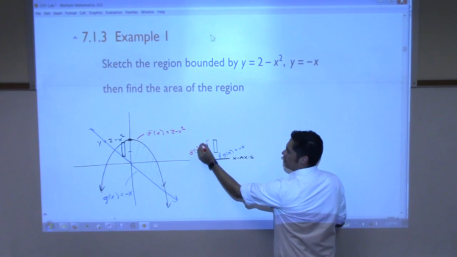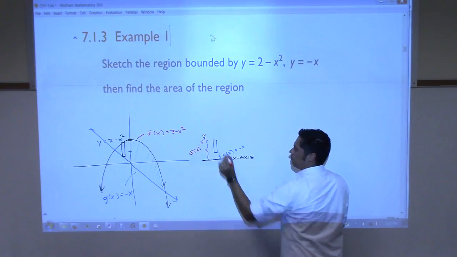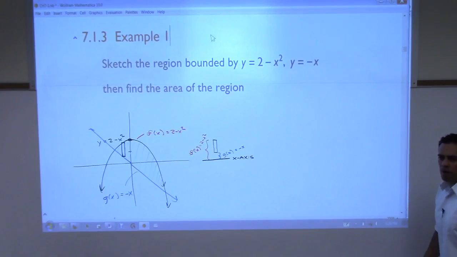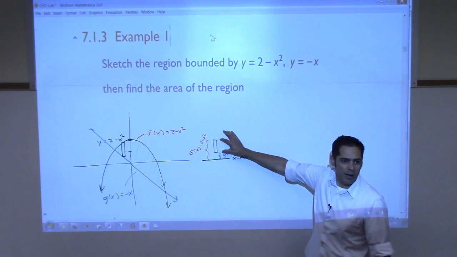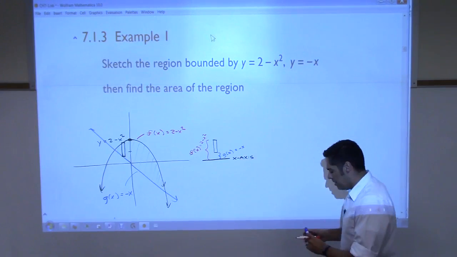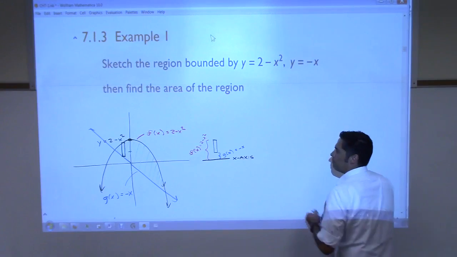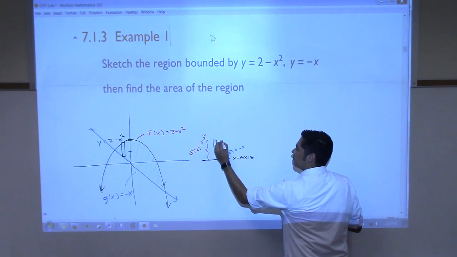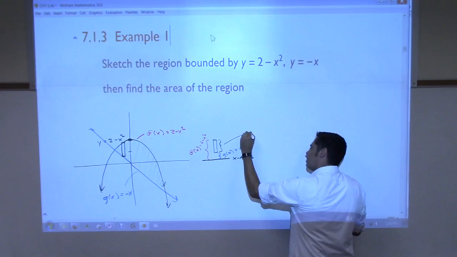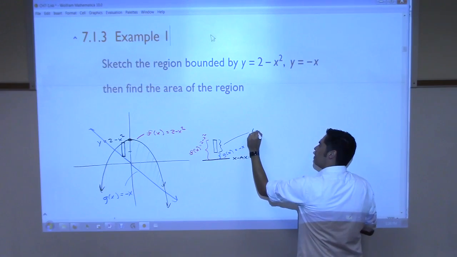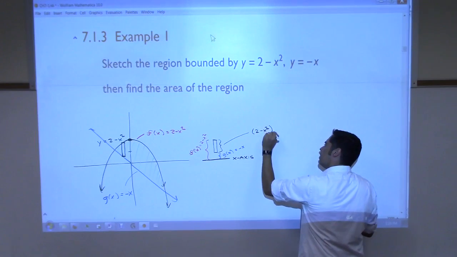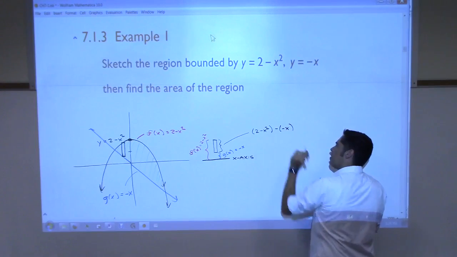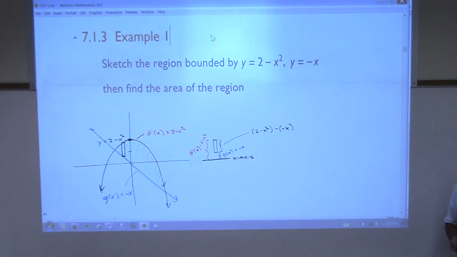Maybe I'll squeeze it in here: 2 minus x squared. And what we're interested in is this distance right here. That distance should be the difference between them. So that's going to be 2 minus x squared, take away the negative x. Do y'all agree? That's f minus g.